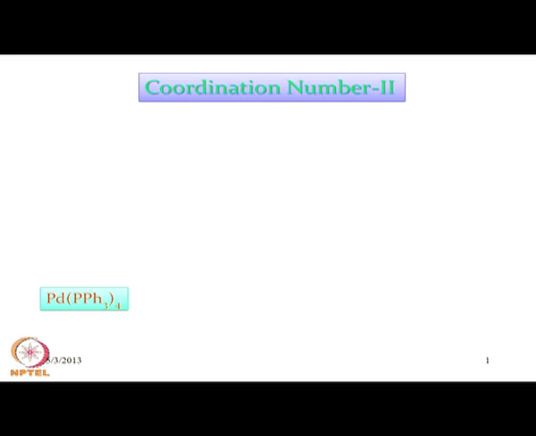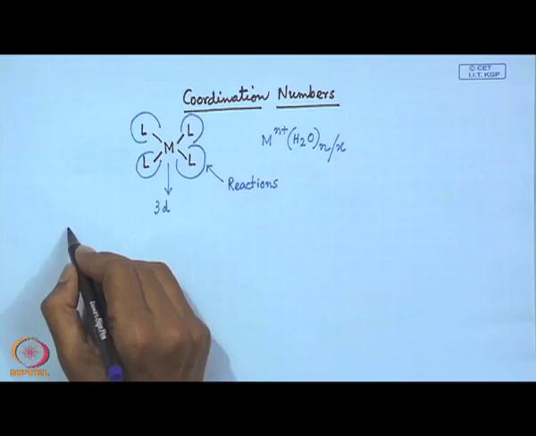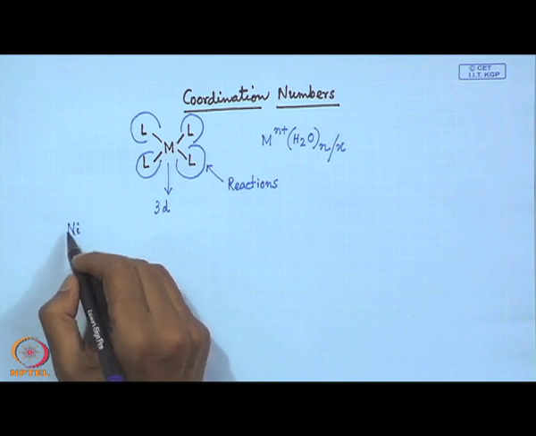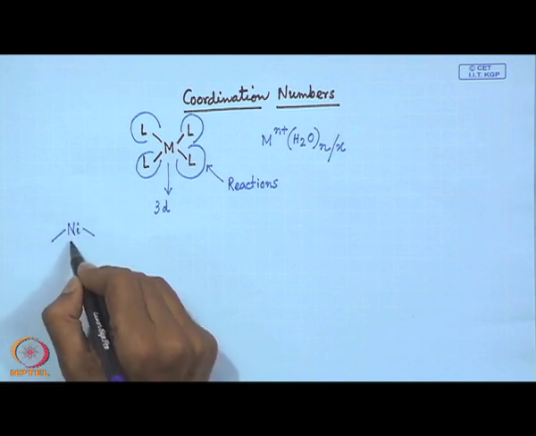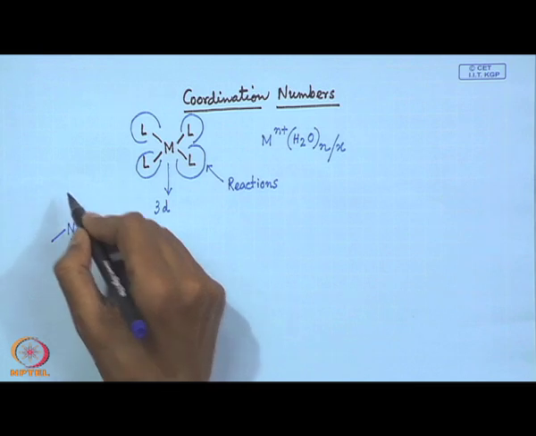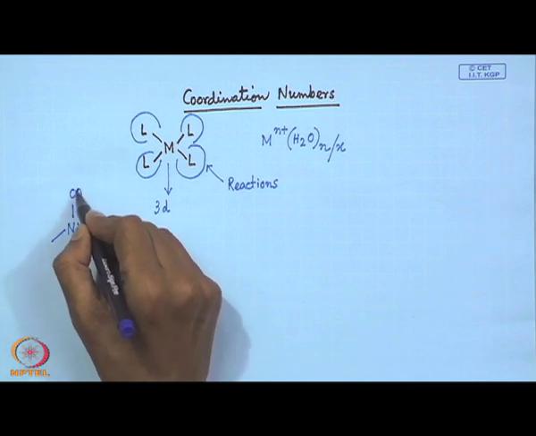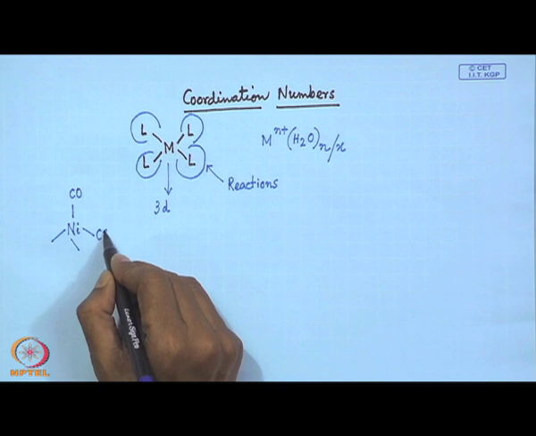So, we just see the second part of this coordination number. One typical example is in our hand, which is tetrakis triphenyl phosphine, four in number, attached to the palladium center, and that is very much similar to that of our nickel center, which is the corresponding tetracarbonyl species.